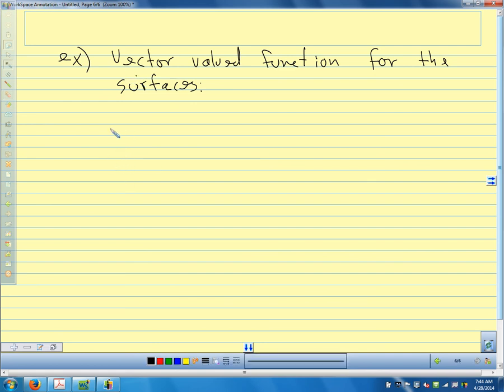So we want the plane x plus y plus z equals 6. We want a vector valued function. We want to write this surface in parametric form.